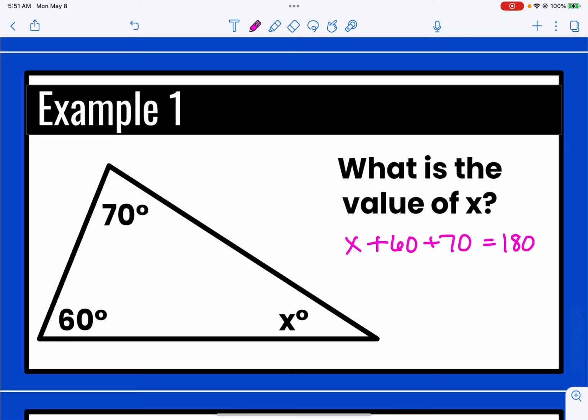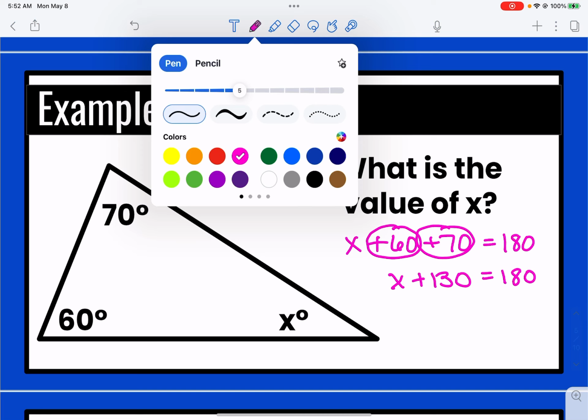So I'm going to start by simplifying the equation that I have by combining the plus 60 and the plus 70. So I'm going to add the two angles that I know, which make 130. And then our goal, as always, when we're solving equations, is to get the variable by itself.